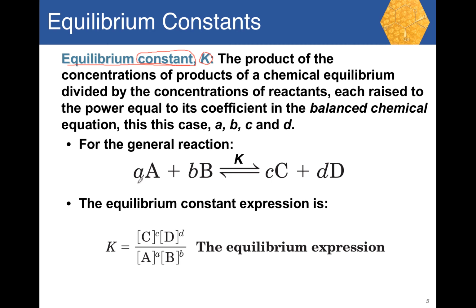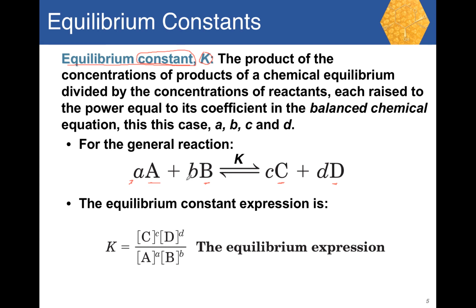Let's look at reactant A reacting with reactant B to produce product C and also product D. As you know, we all have to work with balanced equations. So the italic letters here represent the coefficients for the balanced equation, the stoichiometry.